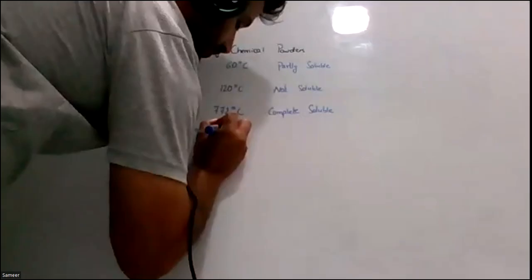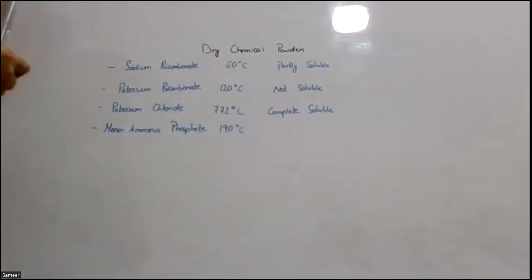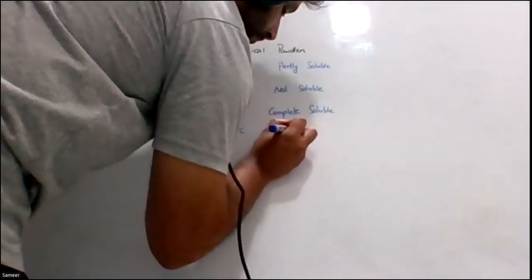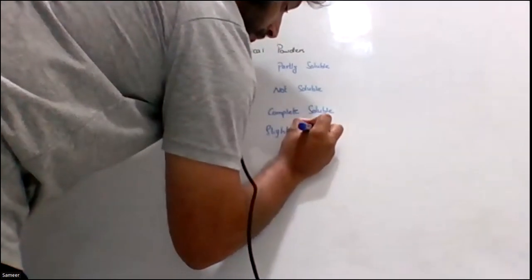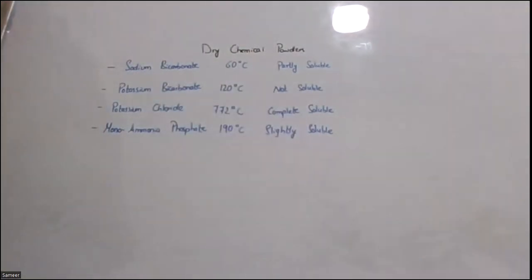It has a decomposition temperature of 190 degrees Celsius, and it is slightly soluble in liquid or water. These are the base chemicals that are usually known as dry chemical powders.